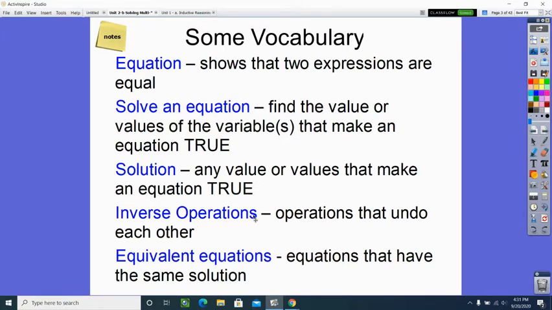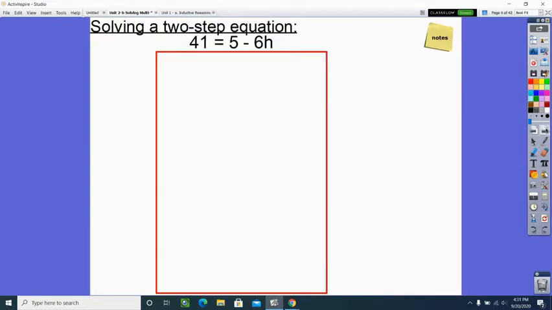That's the cool thing about solving equations, is you can actually check your answer to make sure you have it correct. So we're going to just start with a basic two-step equation, but the one that I put here is one that students often make a mistake solving. So, in a two-step equation, basically we're going to get our eye off the variable. We're not going to be looking at that. We're going to be looking at this number to move it to the other side.